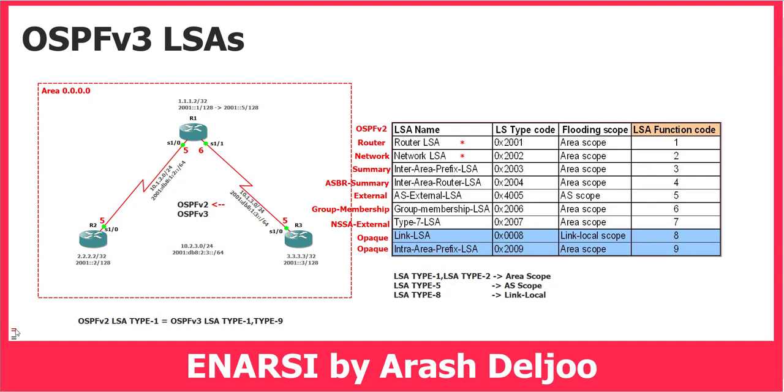Because of that, when R2 creates its LSA type 8 and sends it to router 1, router 1 can use it, but it doesn't send this information to router 3. Actually, the LSA type 8 of router 2 is only available in router 1 and also in router 2, not in router 3.